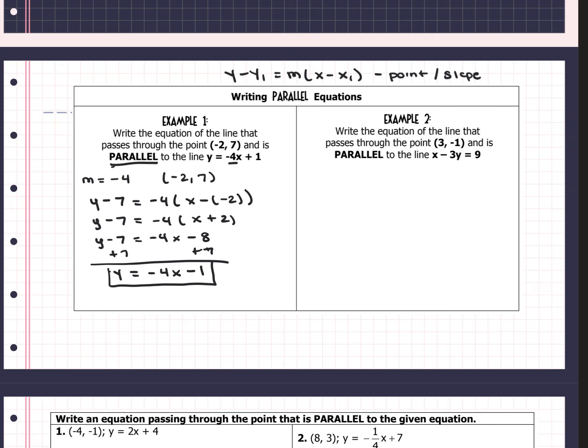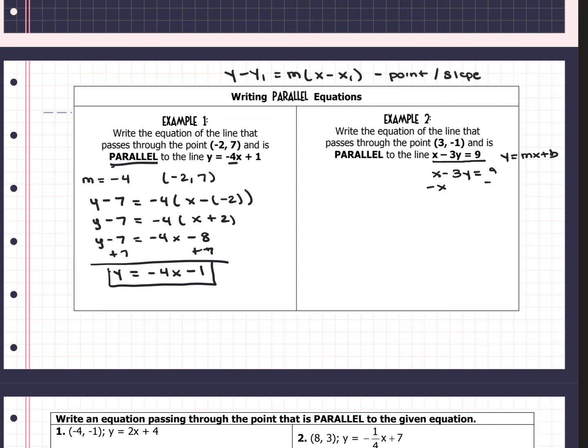I know that they are parallel, but here's where I have to do a little bit of arranging because based on this equation here, x minus 3y equals 9, that equation is in standard form. We have to have it in slope-intercept form, y equals mx plus b. So the first thing I'm going to do is solve this equation for y.